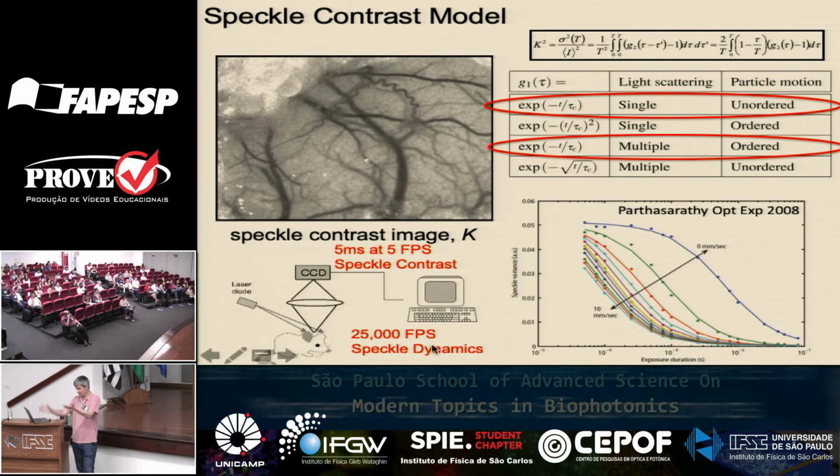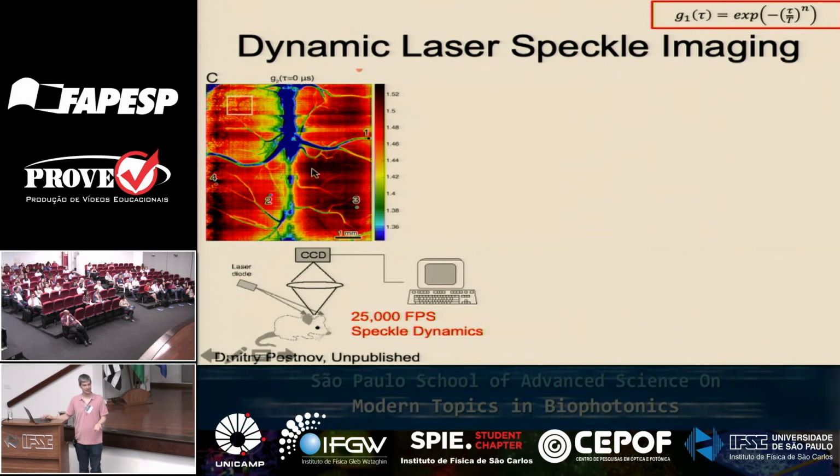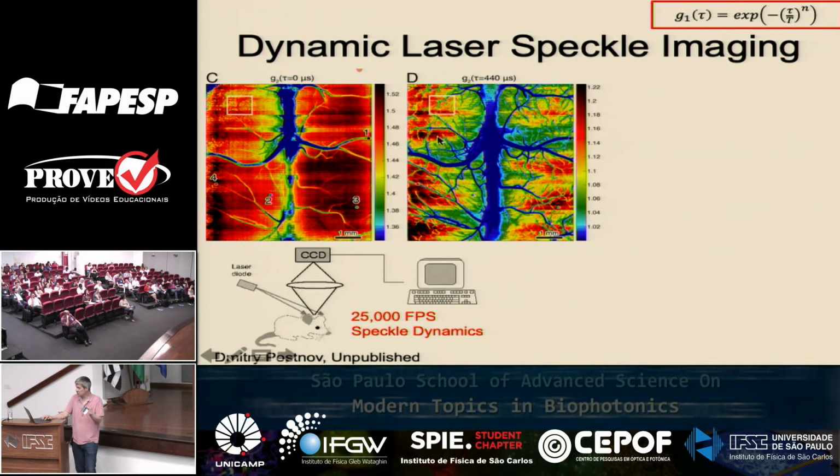There are now consumer-grade cameras, $5,000, that allow us to get 25,000 images per second. So he bought that camera, and he started making measurements. Now, we don't get the whole image at 25,000 frames per second. We have to break this up into like 10 images. In each subdomain, we get 25,000 images per second. We can measure the intensity autocorrelation function, how it decays.